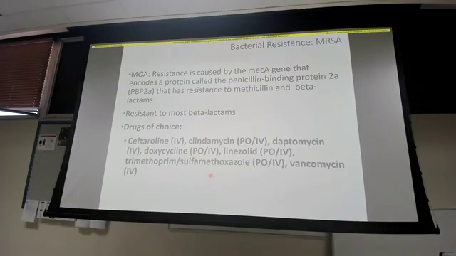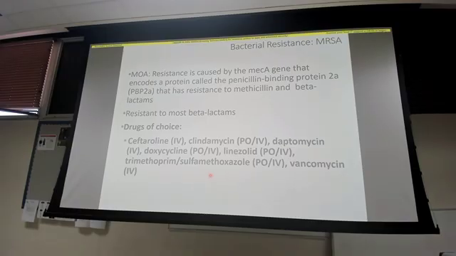Clinda, I already told you about Clinda and how we have C. diff associated with it. So again, it's an option for us to use, but not one that we typically would see. Your daptomycin, doxycycline, linezolid, Bactrim, which is your trimethoprim sulfamethoxazole, and then your vancomycin.